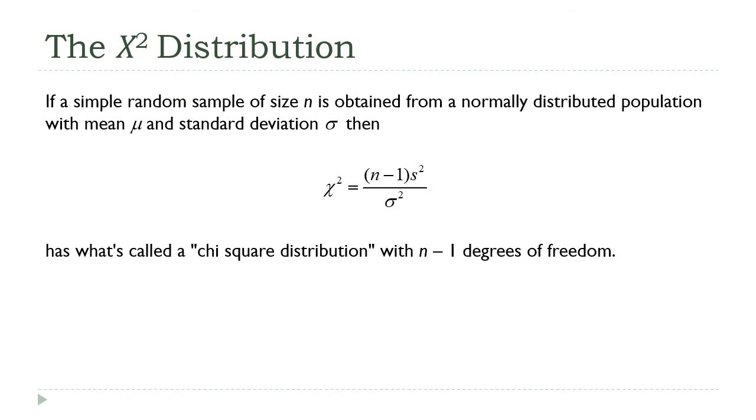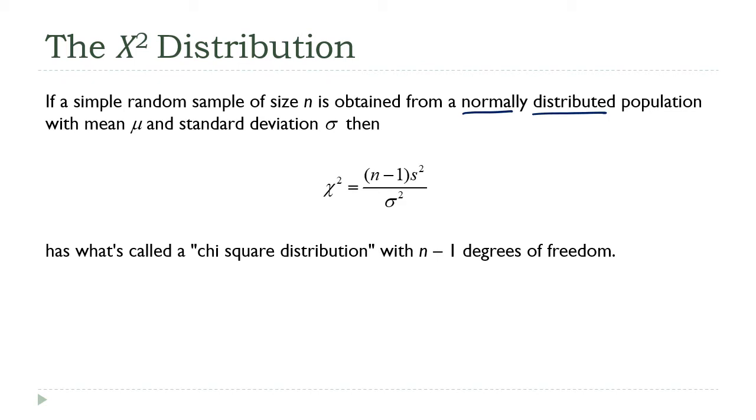All right. So if you like formal definitions of things, this is how our chi-square distribution is defined. Now, the key points you need to take away are that the underlying distribution has to be normally distributed. Right, now notice that there's no exception here based on the sample size, like we've seen before.